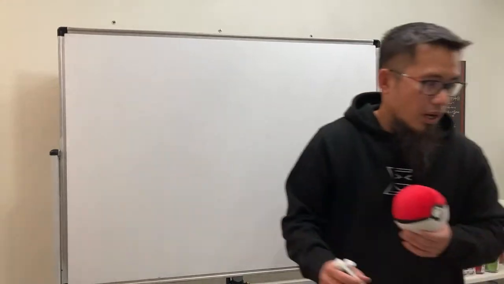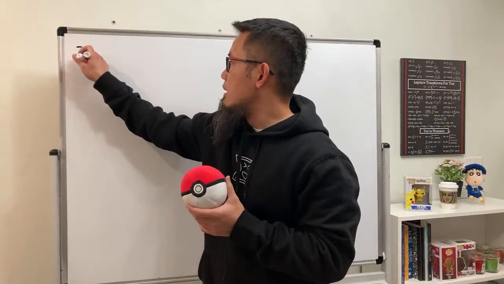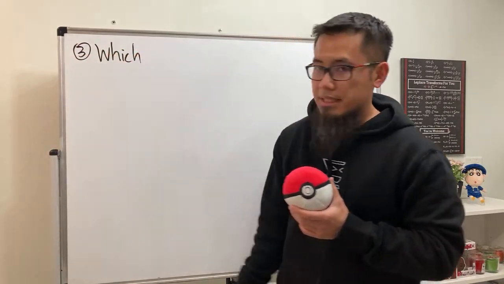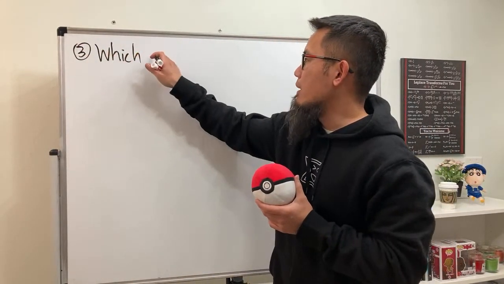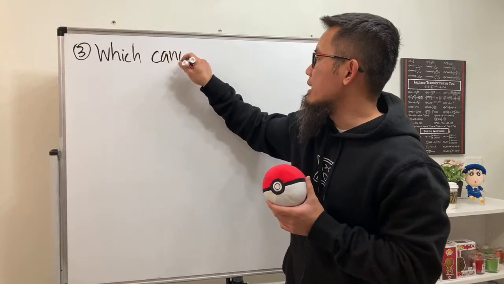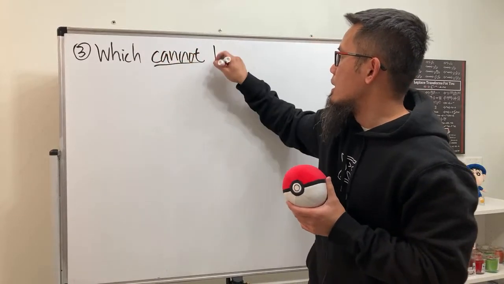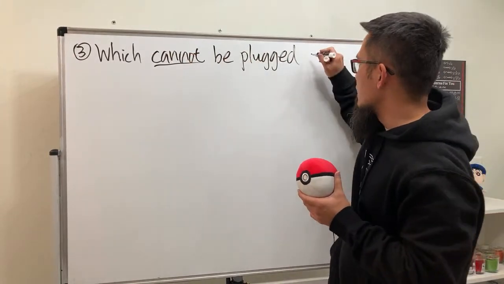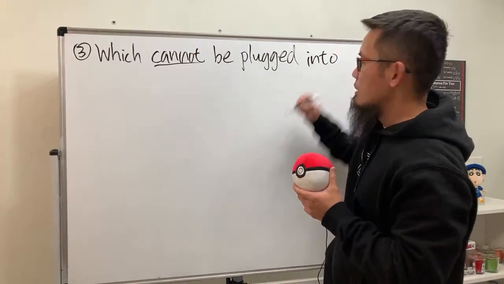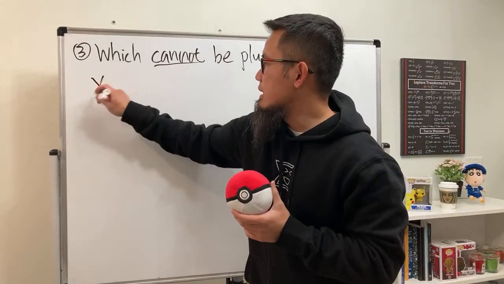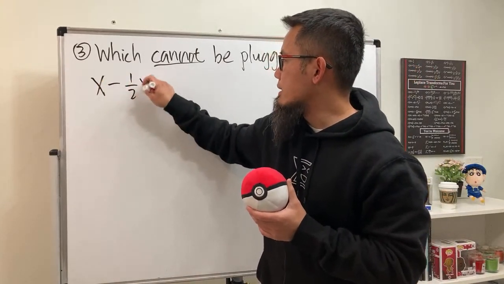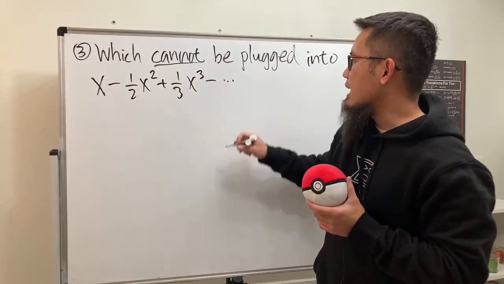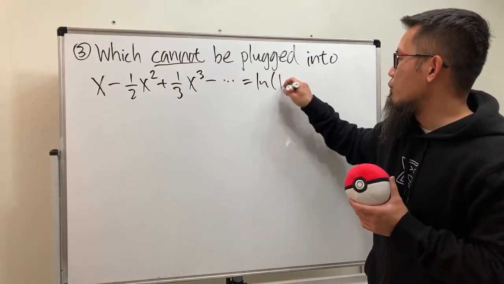All right. Given the following, the question is asking, which of the following cannot be plugged into the following, which we have x minus 1 over 2 x squared plus 1 over 3 x to the third power, and then minus dot dot dot, and this is equal to ln of 1 plus x.